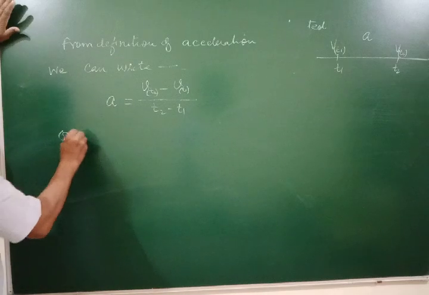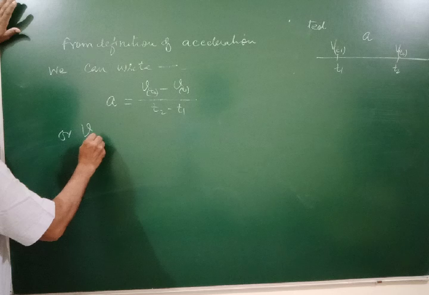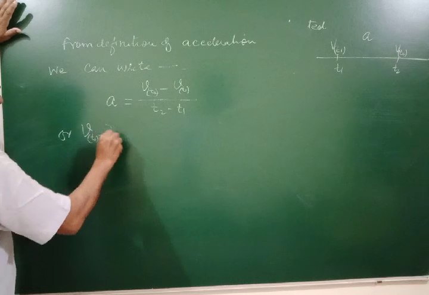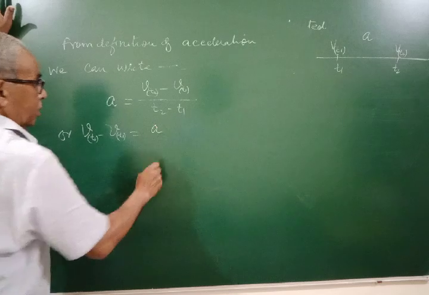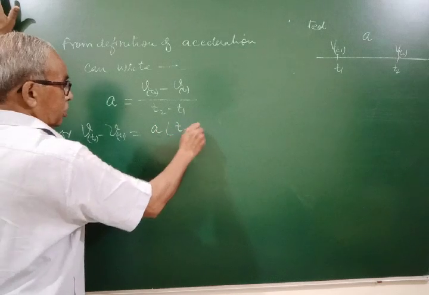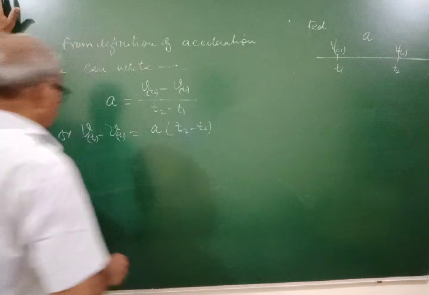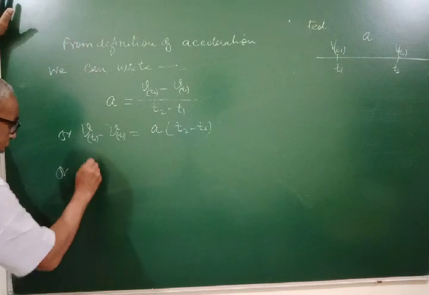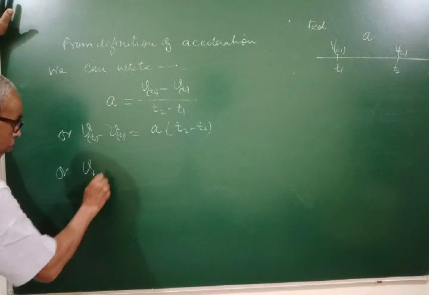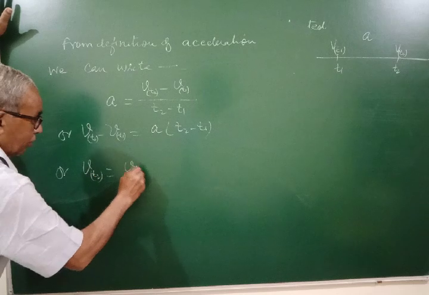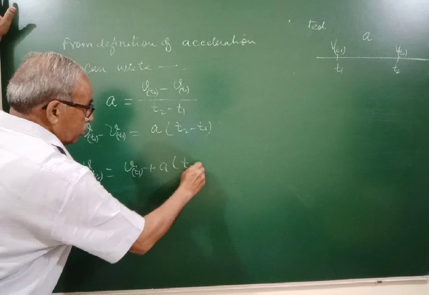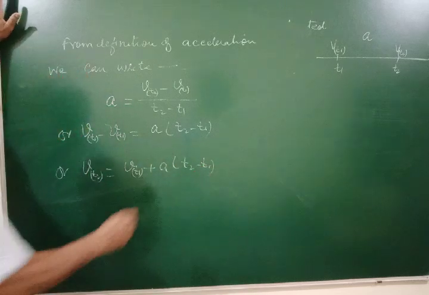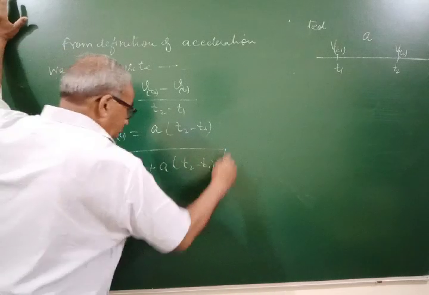Or Vt2 minus Vt1 is equal to A into T2 minus T1. Or Vt2 is equal to Vt1 plus A into T2 minus T1. This is equation 1.